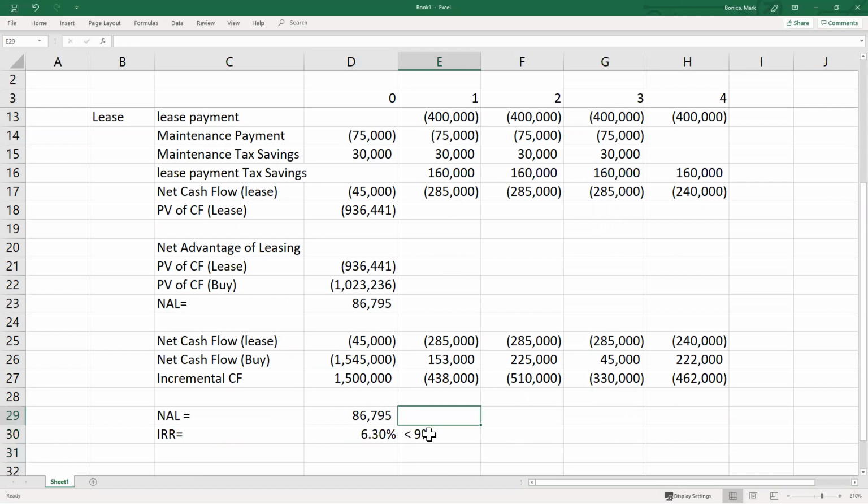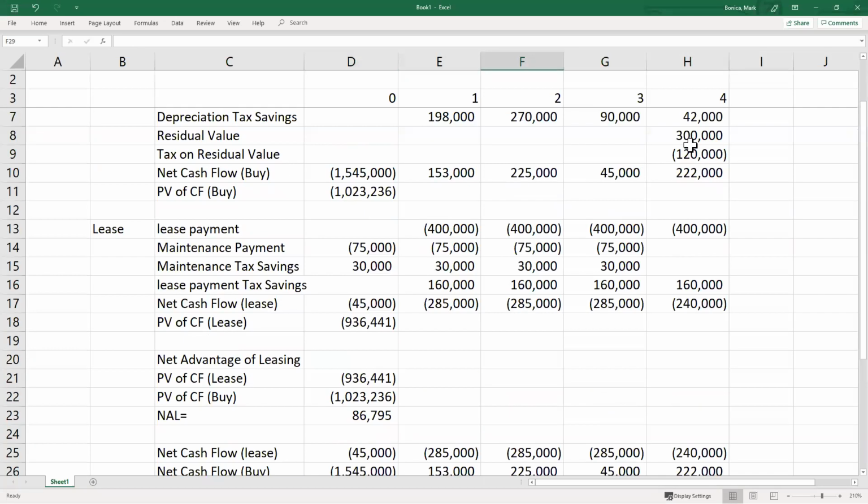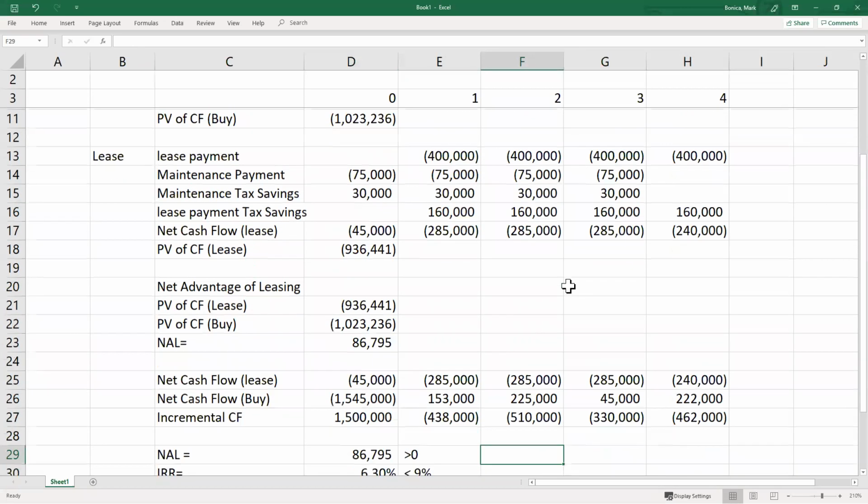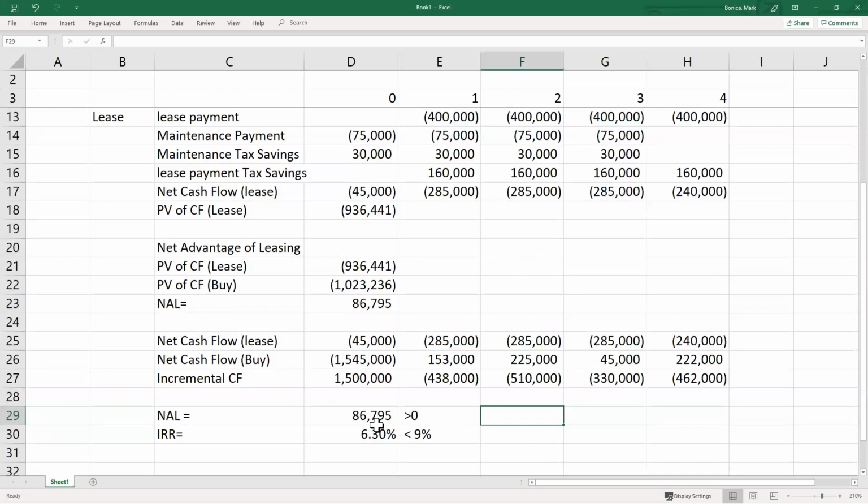And the NAL is greater than 0. So even though the increase in residual value reduces the benefit of leasing, it doesn't overcome the benefits of leasing. And so leasing, because the NAL is still greater than 0 and the IRR is still less than 9%, is a go.